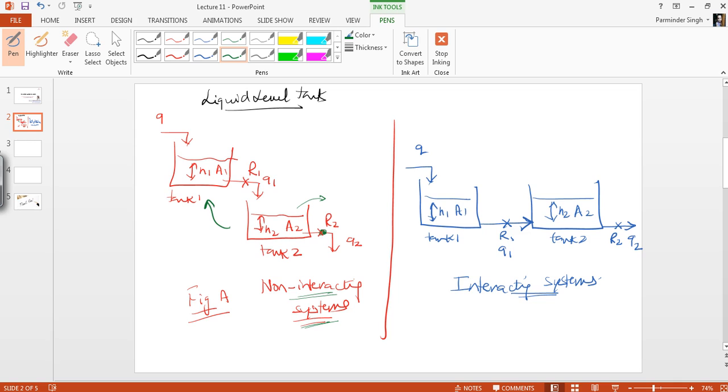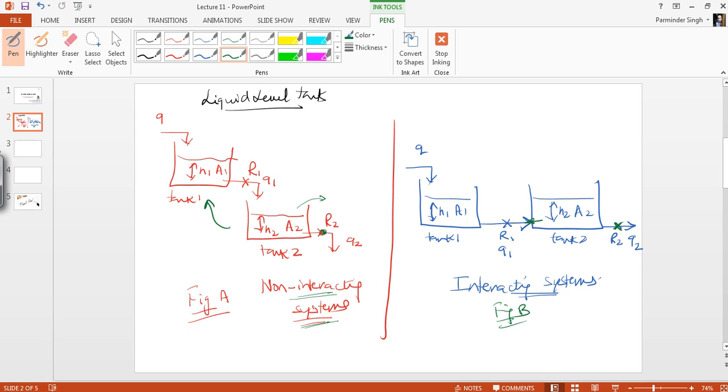Clear? Whereas in the second figure, that is figure B, if you close this valve, what will happen? Once this valve is closed, when the level reaches the top, it will try to block the flow coming from tank 1, and slowly it will affect the liquid level in tank 1.